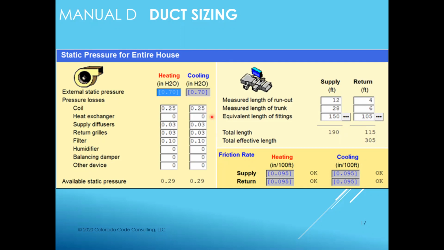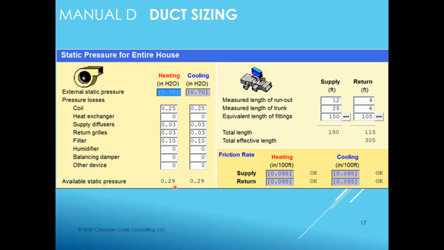Heat exchanger, we don't have anything going on. We've got the 0.03 for our supply and return. I put in a filter. I said we didn't have any humidifier, no other dampers. What this is saying is that we started with this 0.7, and we have to subtract all of these because they're already in the way. What we have here is what's left over to design the ductwork.